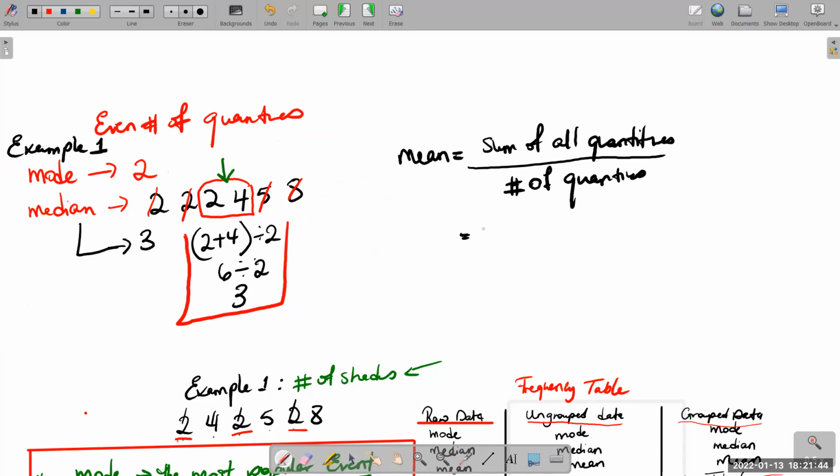All 6 numbers, right? So that would be 2 plus 2 plus 2 plus 4 plus 5 plus 8 divided by the number of numbers we have. 1, 2, 3, 4, 5, 6. And so our answer is, anybody want to share what they think the answer is? Y'all need to be able to calculate these things on your own.